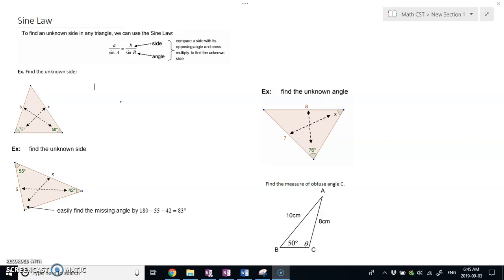For these kinds of questions, we're going to use the rule above, which says a over sine A equals b over sine B. It doesn't matter what the letters are in a given triangle on an exam.